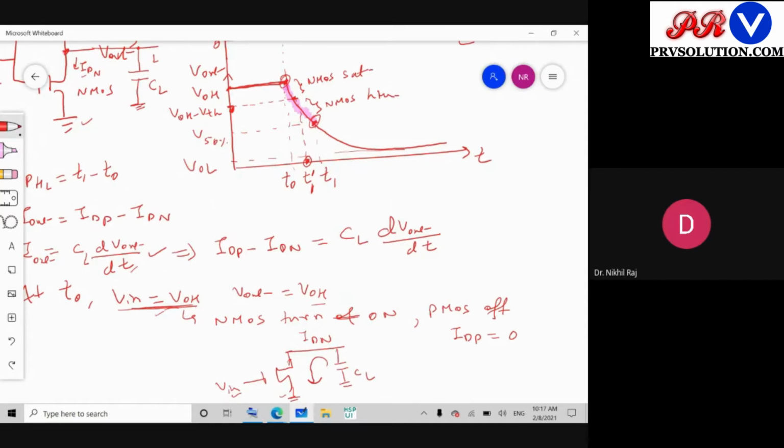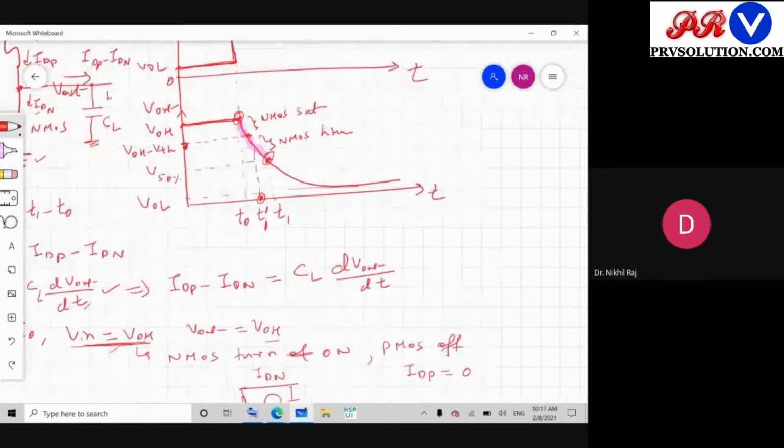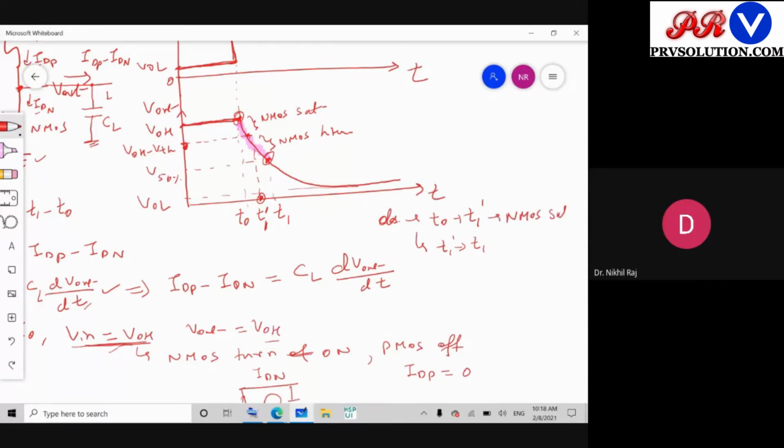So now from this graph, what we can write as the observation is that for T0 to T1 dash and T1 dash to T1, in this case my NMOS is in saturation, and in this case NMOS is in linear.